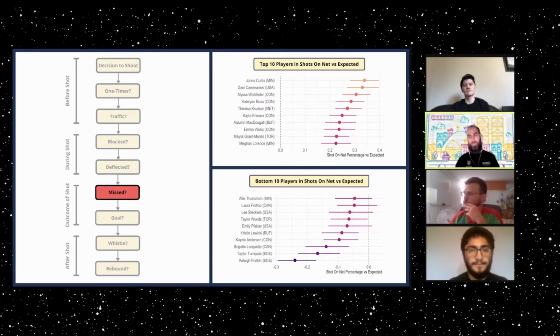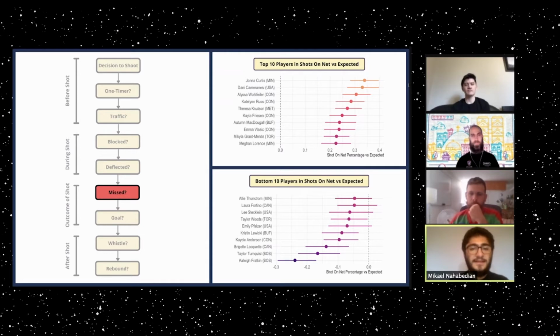So once again, as we look at the top 10 players in the list, we notice the name of Danny Cameronesi, who is a perfect example to illustrate the point that Thibaud is trying to make. Basically, what Danny Cameronesi usually does is that she comes into the zone with a controlled entry and decides to come down the wing to put a lot of shots on net.